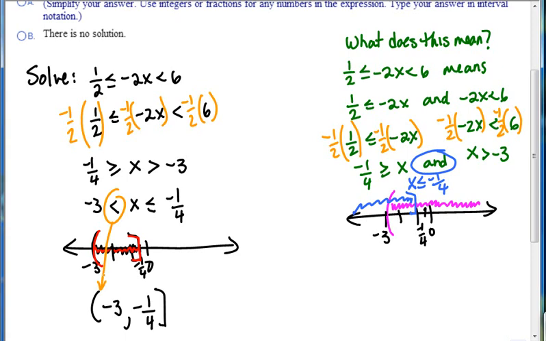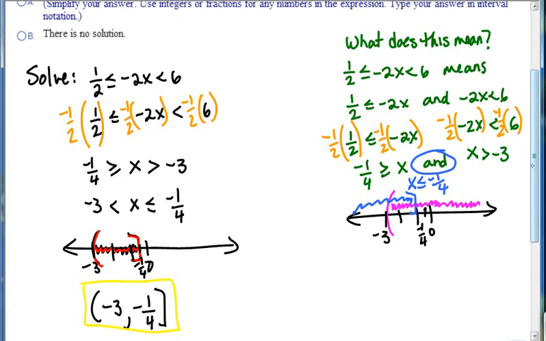It means it's not included. The -3 is not included. And the brackets stand for the less than or equal to, or the greater or equal to, where it is included, that equal. So that would be your final answer.